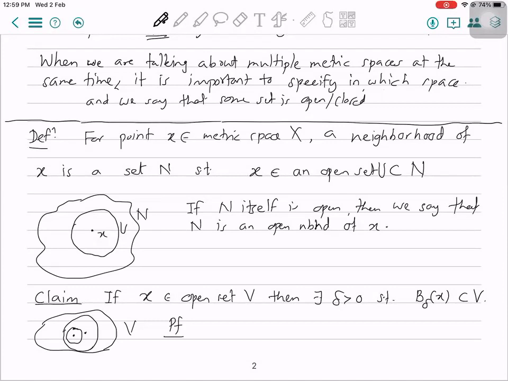So by openness of V, what do I have? X is inside some ball which is contained in V, right? So this is a ball with some radius and some center. Let's give that a name: let us say this is with some radius R with some center U.